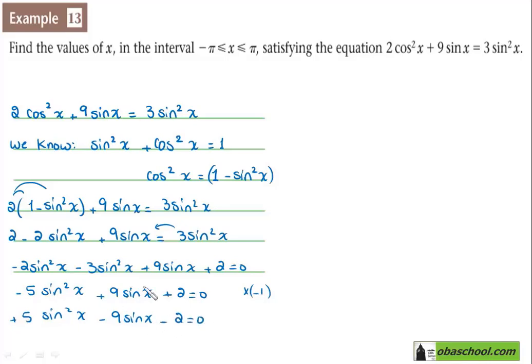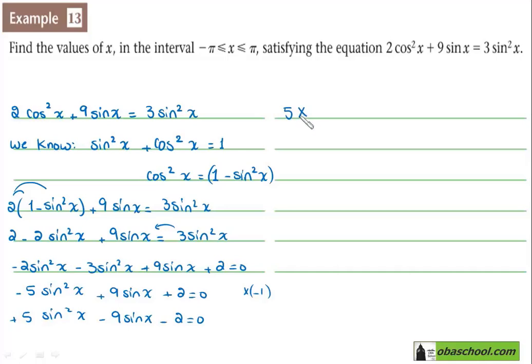Now we need to factorize it, so let's represent it in the form of X. Let sine x be capital X. Okay, now let's continue writing the equation. 5X squared minus 9X minus 2 all equals 0.